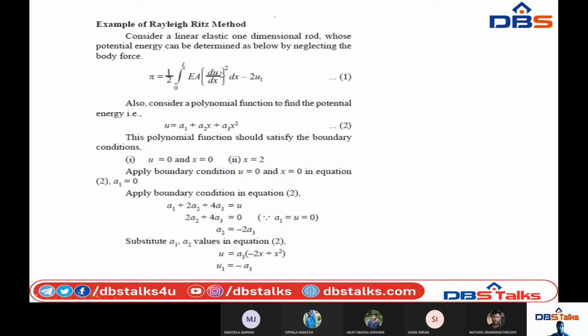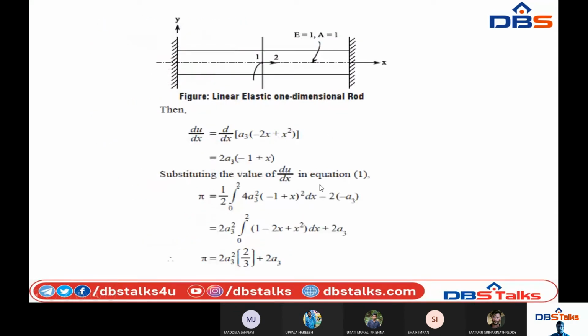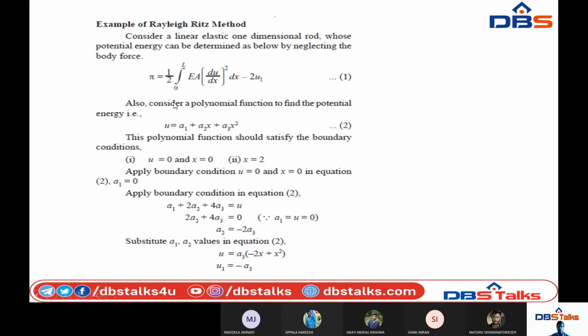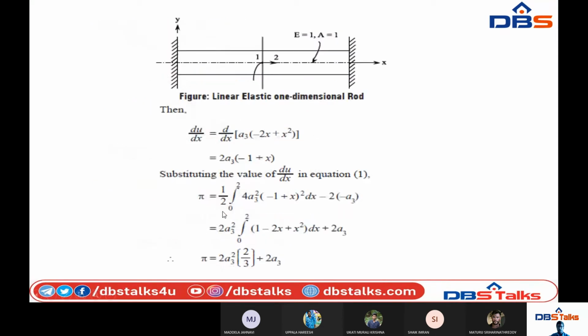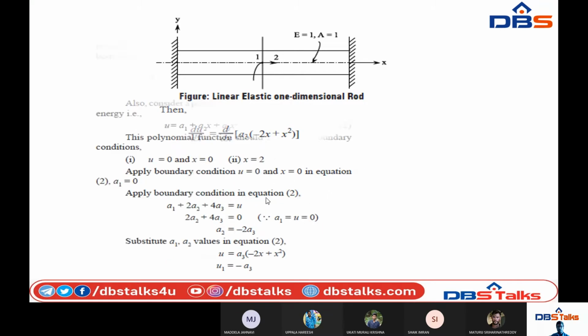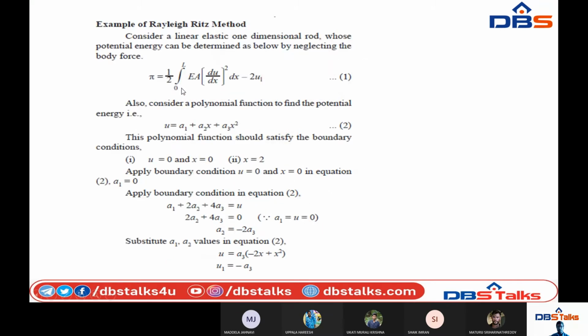Then I get pi equal to half integral 0 to L, and with length 2, it is 0 to 2 of 4a3 squared times minus 1 plus x whole square dx, minus 2 times minus a3. These are the values I get after integration.